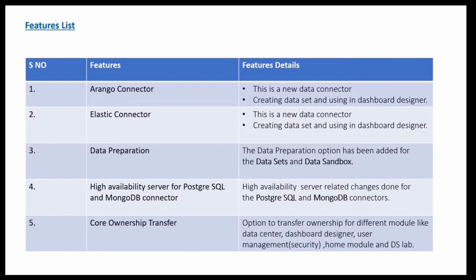The last feature is the core ownership transfer. Now, we have the option to transfer ownership for different modules like data center, dashboard designer, user management, home module, and data science lab modules using this option.